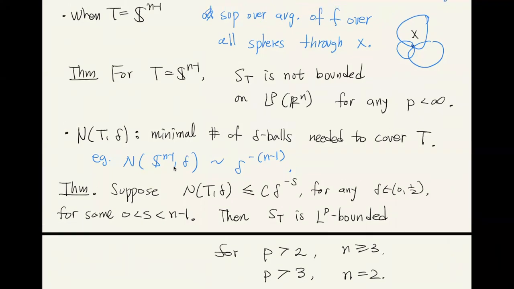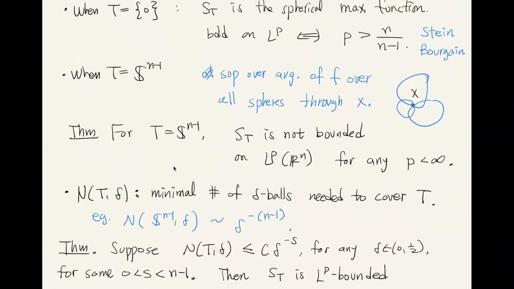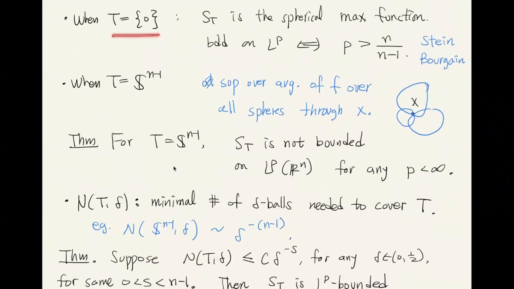Although this is nearly sharp when s is very close to n-1, we expect that this range should be increased for smaller s. For example, when the dimension is 0, the estimate is valid for p up to n over n-1.